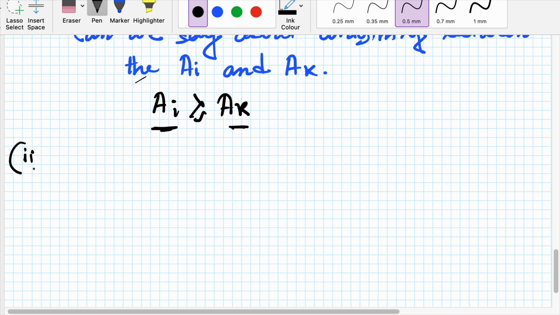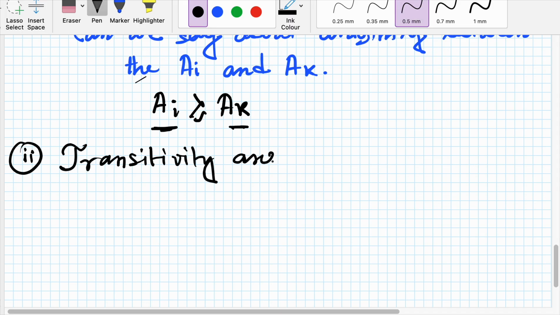So second is called the transitivity axiom.